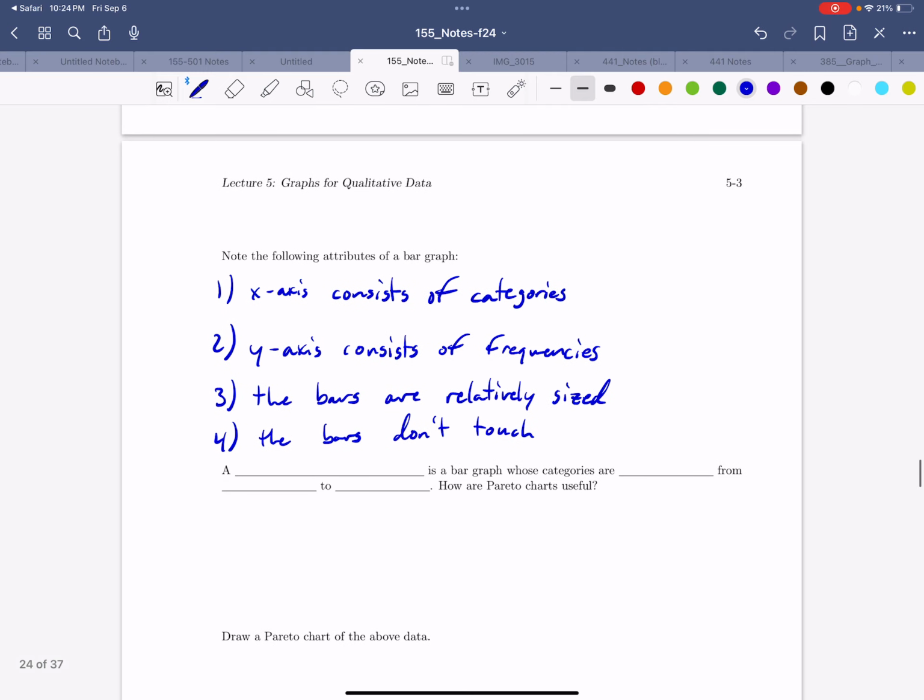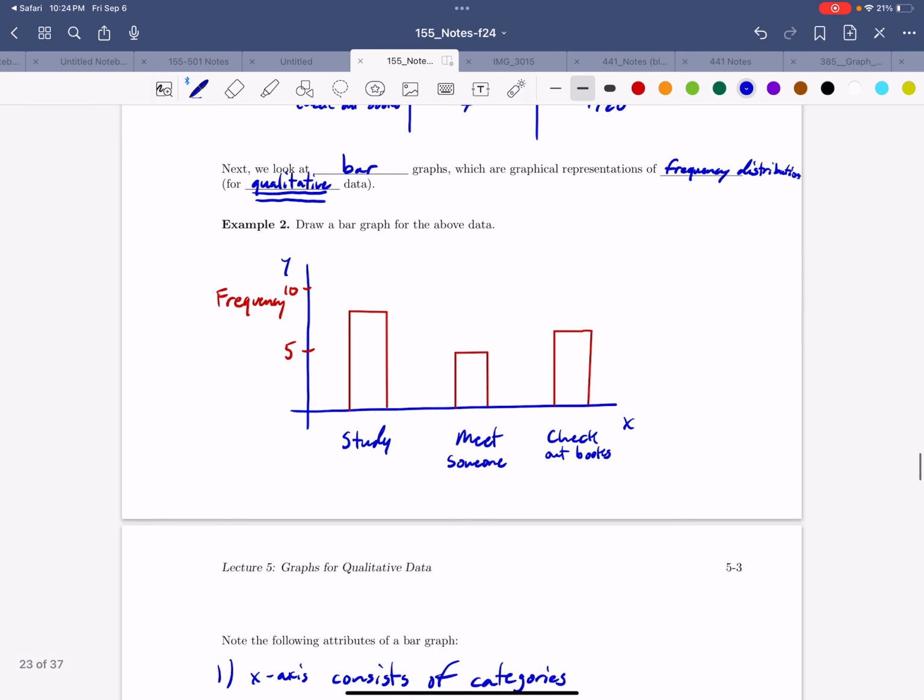All right, so shifting gears a little bit, we'll talk about a Pareto chart, which is a bar graph whose categories are ordered from highest to lowest frequency, just to be clear. So how are they useful? Well, they're useful because a lot of times you're interested in what the most popular category is, right? What if you care most about, what's the most common reason people go to the library?